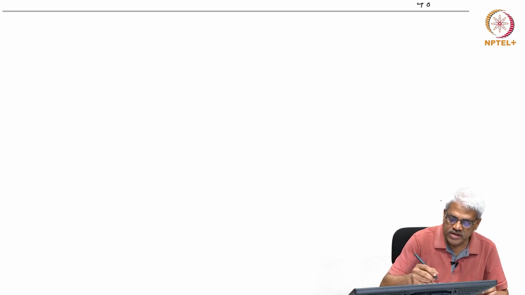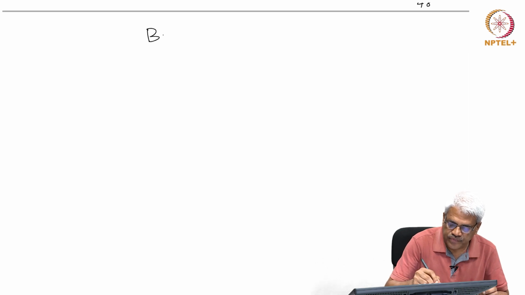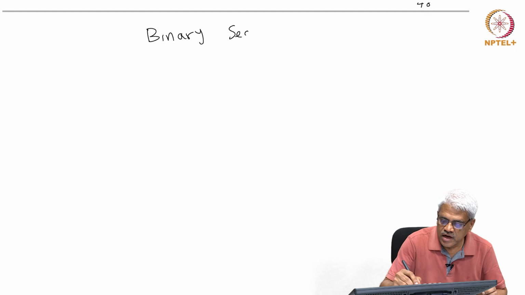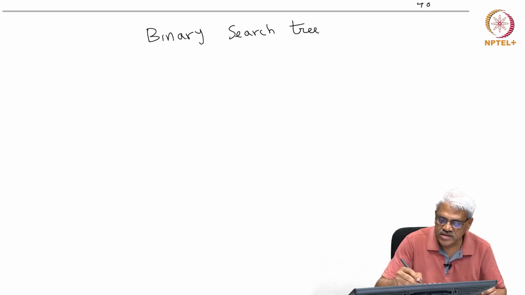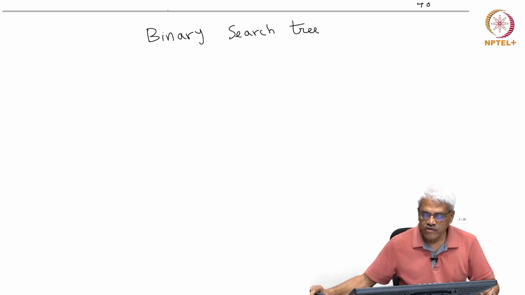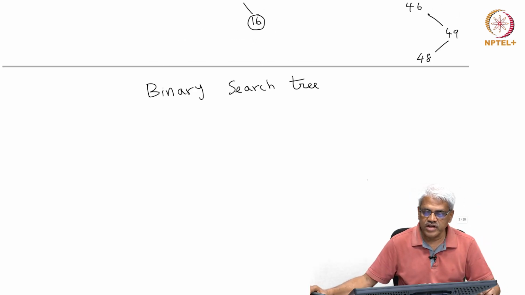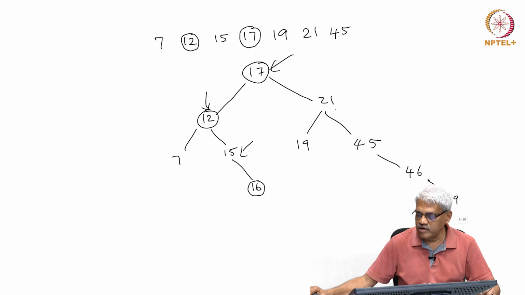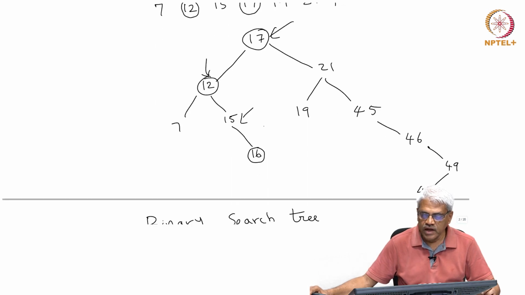Takes us to this notion of binary search tree. So this is a tree which captures some essence of binary search algorithm, and so let us look at that tree which I drew before, and understand what is the property of this tree.